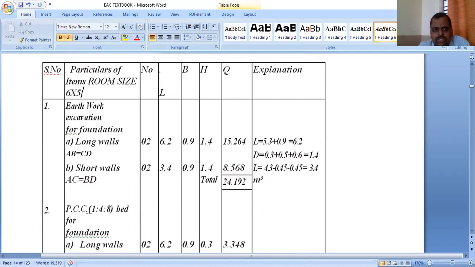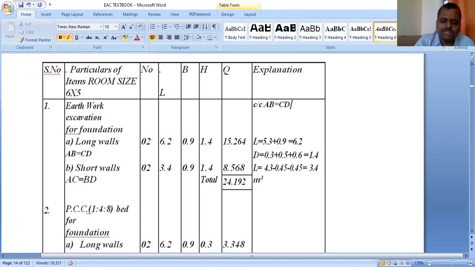Okay, now all the things will remain constant. We will write AB equal to CD in all these things. First of all, we are going to calculate the center to center distances. Center to center distance of AB equals to CD.